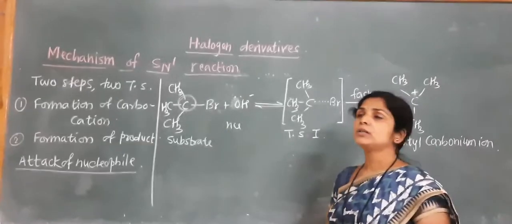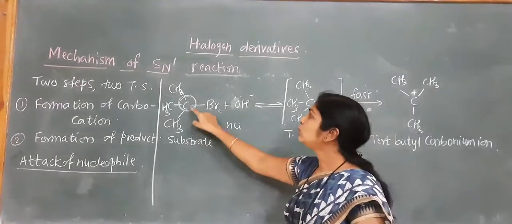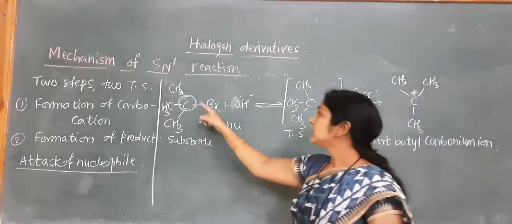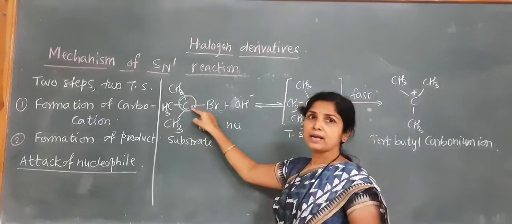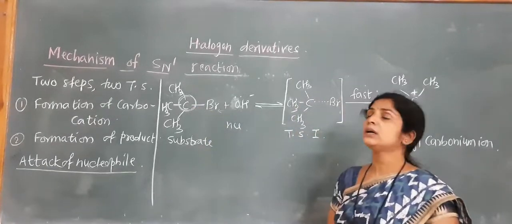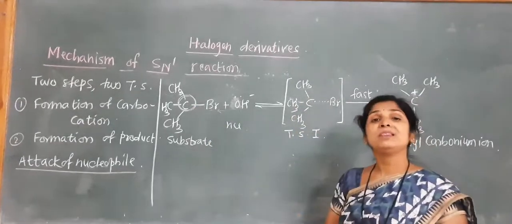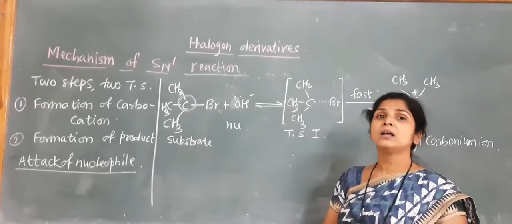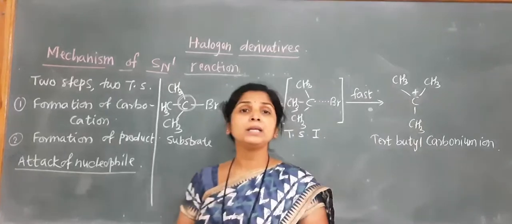Why? Because in this case the three methyl groups are present surrounding this central carbon atom. ह्या central carbon atom च्या भोवती जे तीन मिथाइल ग्रुप प्रेझेंट आहेत, these three methyl groups are considered to be bulky groups.